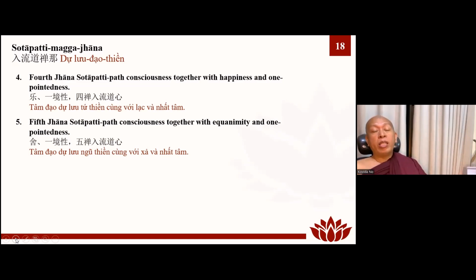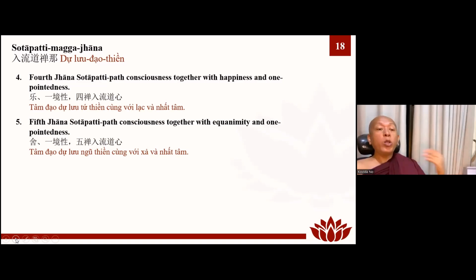Now we have just introduced consciousness aggregates. Among these consciousness aggregates, supramundane consciousness are not the object of vipassana. We have past knowledges, future knowledges. We cannot contemplate them as anicca, dukkha, anatta. They are not the object of vipassana.